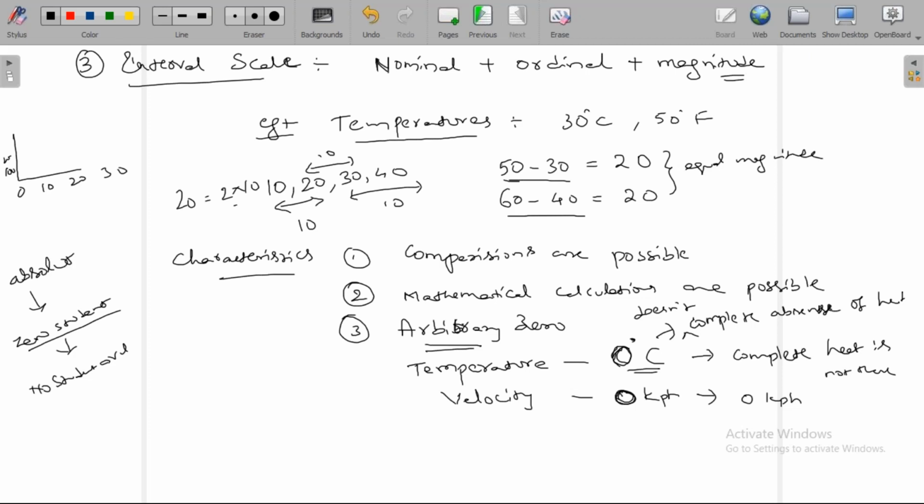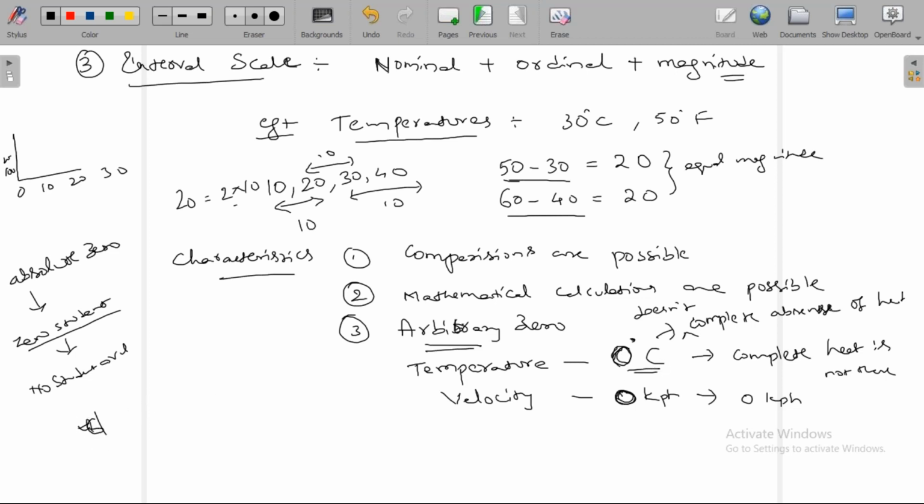Mathematical operations are also possible, like finding the average, and you can do ranking too.